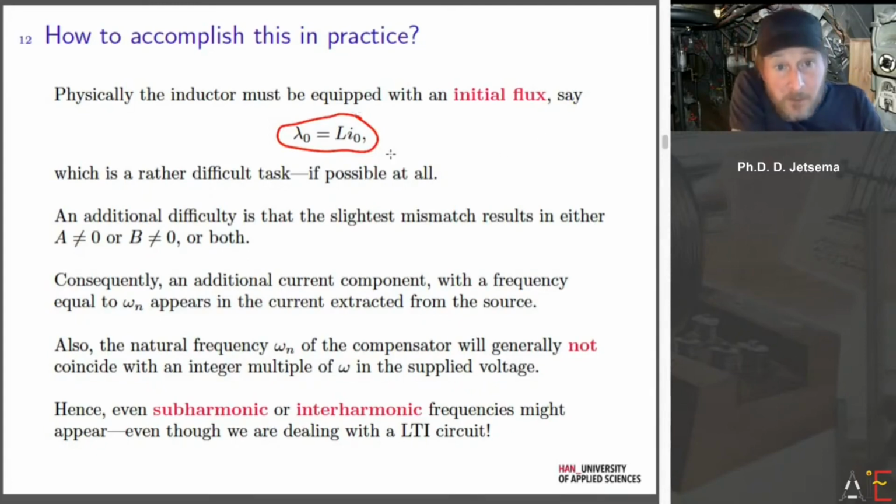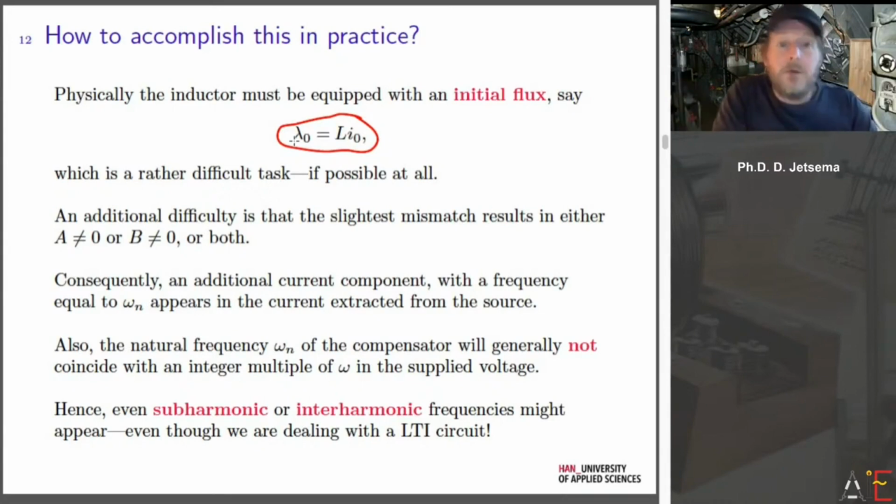So how to do this? I don't know how to put an initial condition on the current in an inductor. I'm not aware of how to do this practically. Maybe you can add some current source. Another thing is that for a linear inductor, the magnetic flux linkage is related linearly to the current, so I would have to put an initial flux into this inductor. I don't know how to do this. I would have to put an initial magnetic field somewhere.